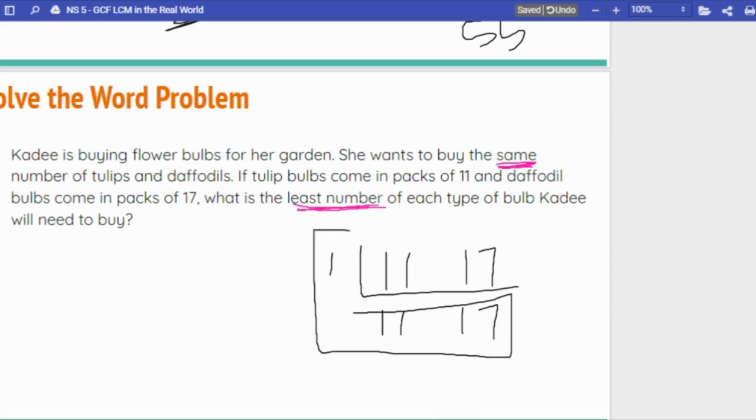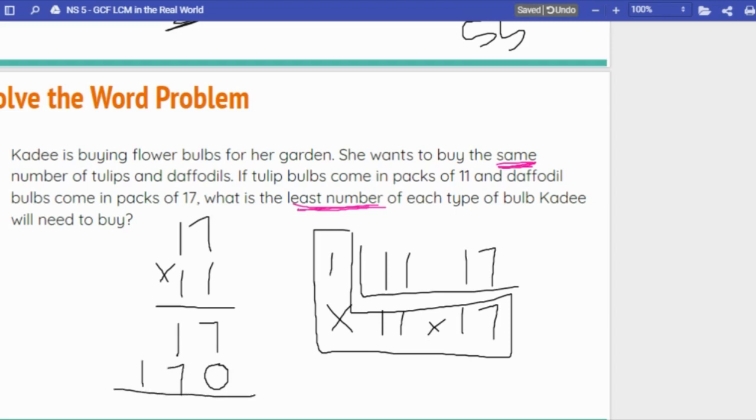Least common multiple, right, is that L. So I multiply. 1 times 11 is 11. 11 times 17. So 17 times 11. 1 times 7, 7. 1 times 1, 1. I put a 0 placeholder because I'm now in the tens place. 1 times 7, 7. 1 times 1, 1.